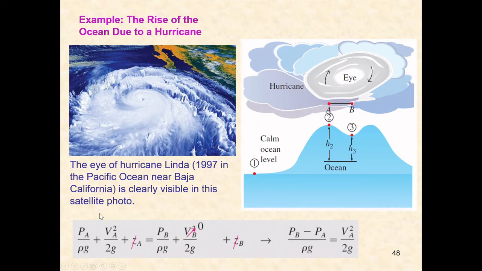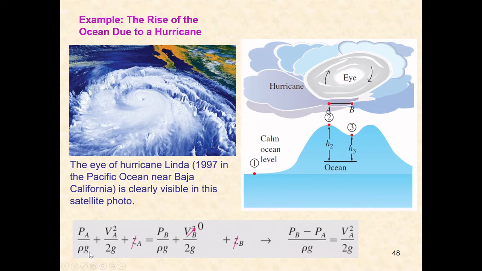We want to use the Bernoulli equation to represent the pressure, velocity and elevation for two points. One is point B, referring to the eye, and the other point is some distance away from the eye, referring to point A.